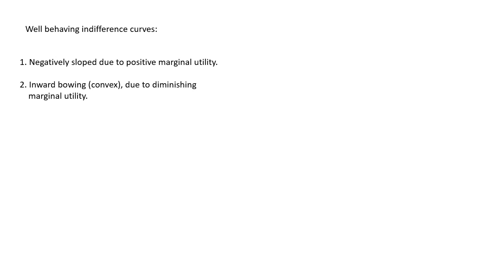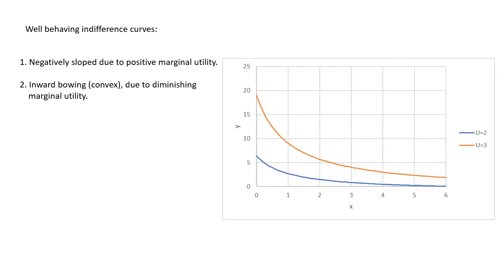So when you have y in abundance, then you will be willing to give up a relatively high quantity of y in order to gain a smaller, extra quantity of x. And this is going to give this inward bowing characteristic to the indifference curve. So here we find that the indifference curve should be convex.